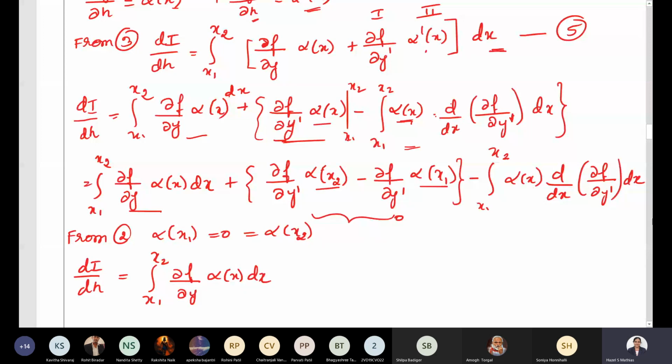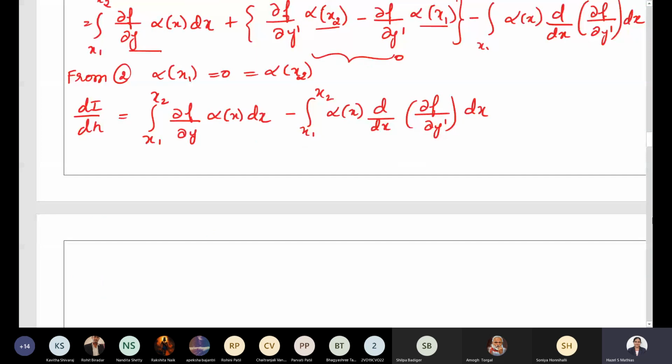So next, what is remaining? Minus integral x1 to x2 alpha of x times d/dx of ∂f/∂y' dx. Now you can take the common term. We have dI/dh equal to integral x1 to x2, and you can take this integral common.